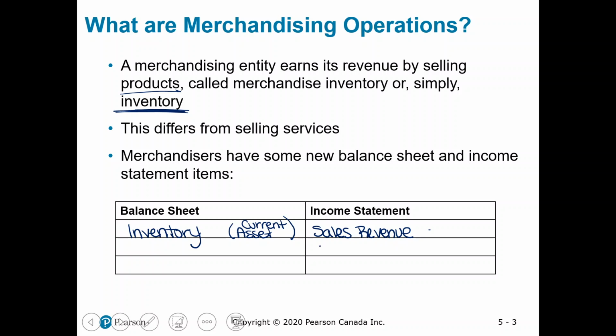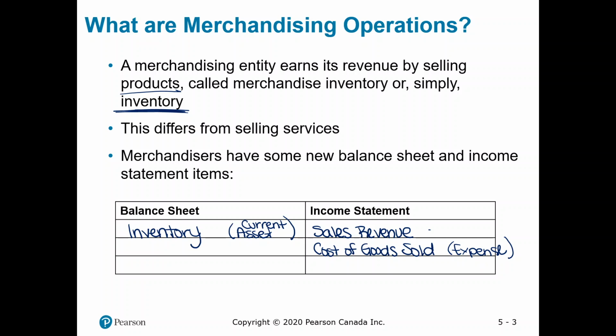The next account is cost of goods sold. We did quickly look at a merchandising company in chapter 1, but we'll go into more detail about it now. So cost of goods sold is an expense.